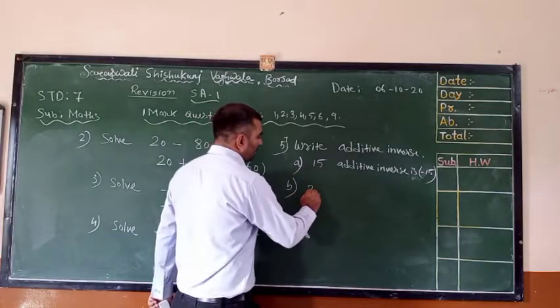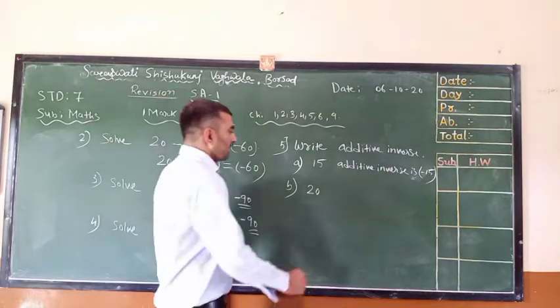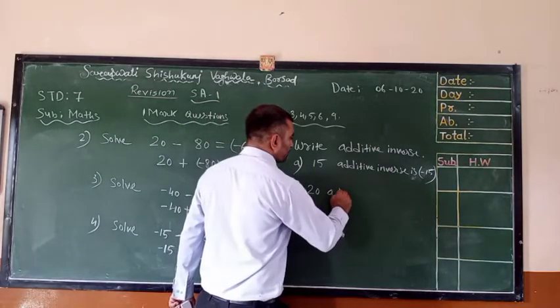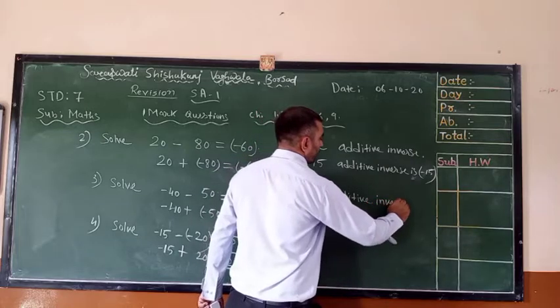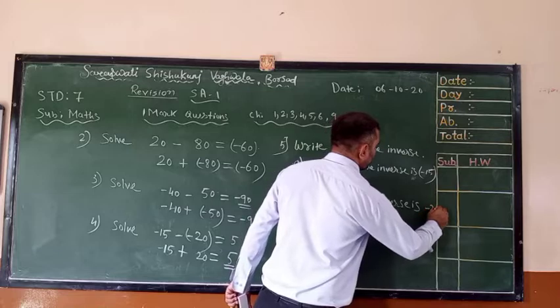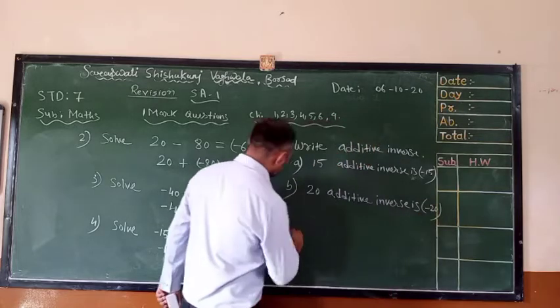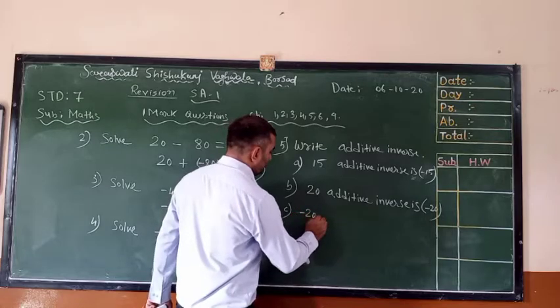B, 20. Write the additive inverse of 20. The additive inverse is minus 20, right? Now see, write the additive inverse of minus 20.